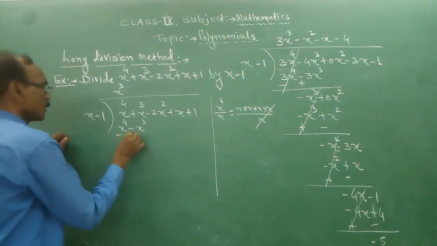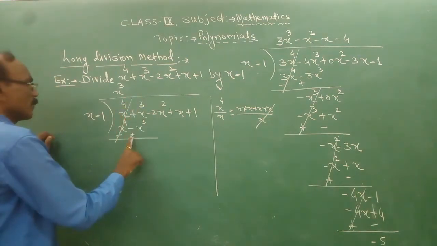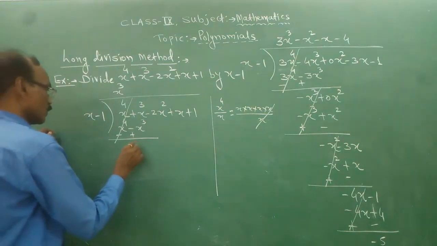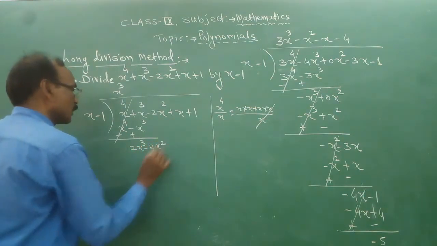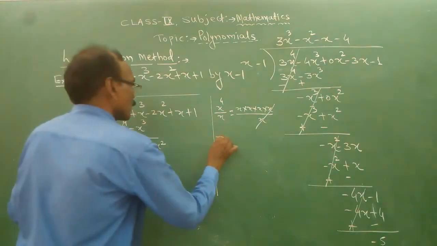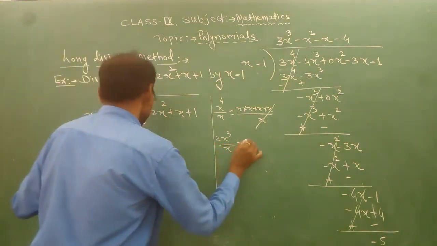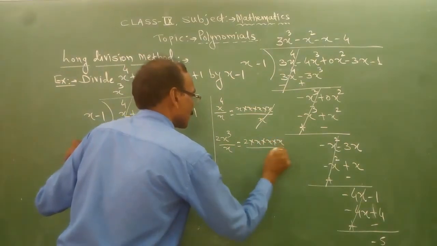Change the sign, this will cancel, plus 1x cube and plus 1x cube, it will be 2x cube. Okay, so it will be 2x cube. Then take minus 2x square, then 2x cube, this first term divided by x. 2x cube is 2 into x into x into x divided by this x.